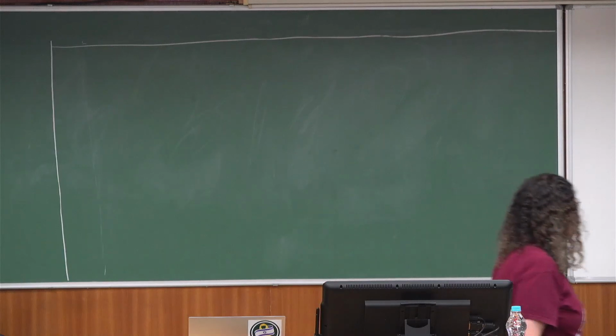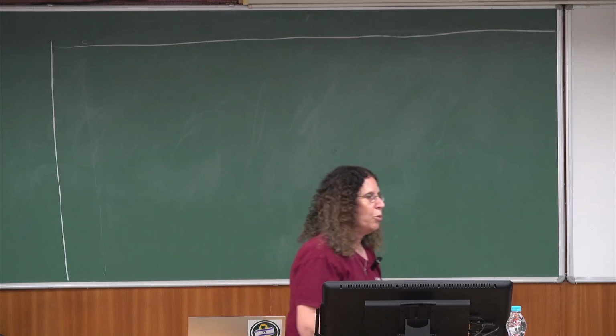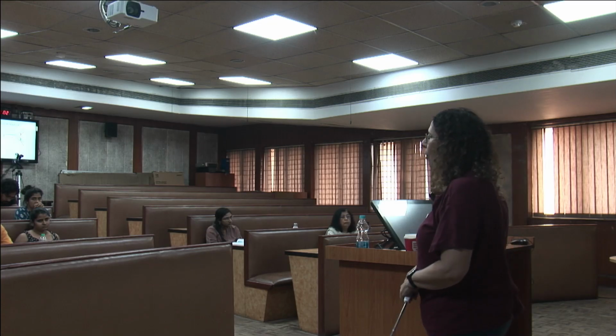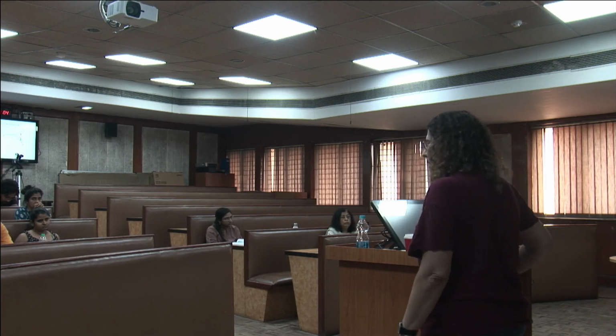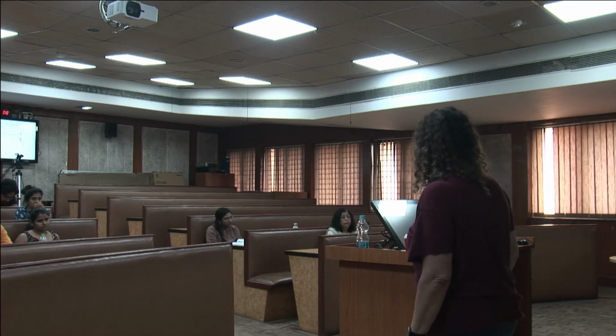So indeed, there was a paper by Abanin, Lee and Levitov that made this prediction and even did a concrete calculation of what to expect for the 2-terminal conductance or 4-terminal conductance, and it suggests that you expect to see the quantum spin Hall effect. Okay, although this is not a topological insulator, it is graphene in a strong magnetic field.